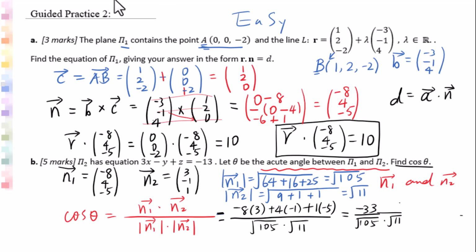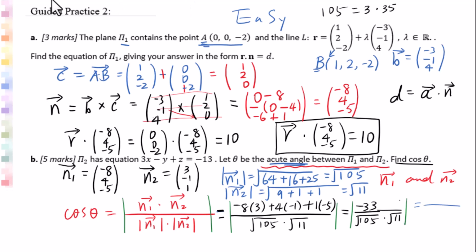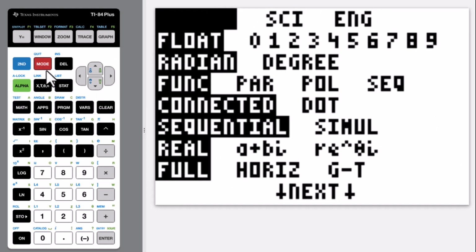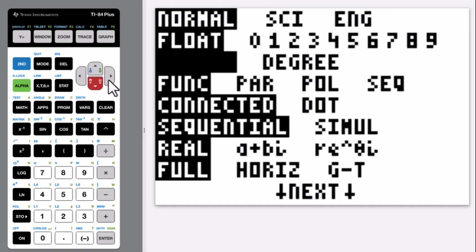Since theta is the acute angle, we will put absolute value, equals 33 over square root 1155. If this question is calculator based, we can figure out this theta. First of all, go to mode, change radian to degree.